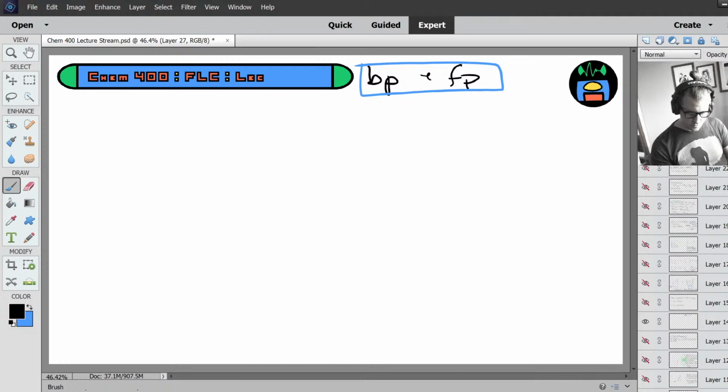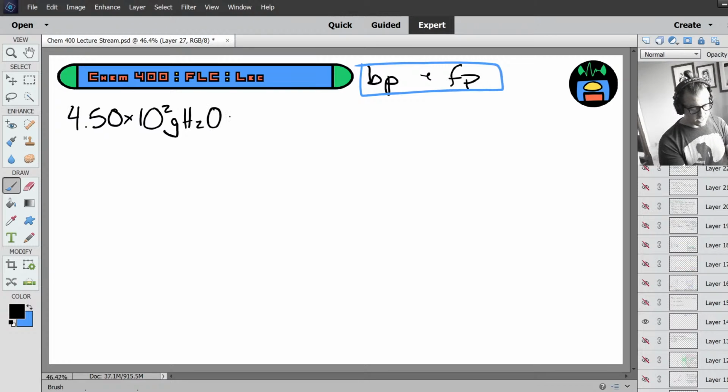So let's start with our unit conversion for our mass of water, our solvent. That's grams of water. We need to convert to kilograms. So we put grams in the denominator, kilograms in the numerator. Grams cancel.